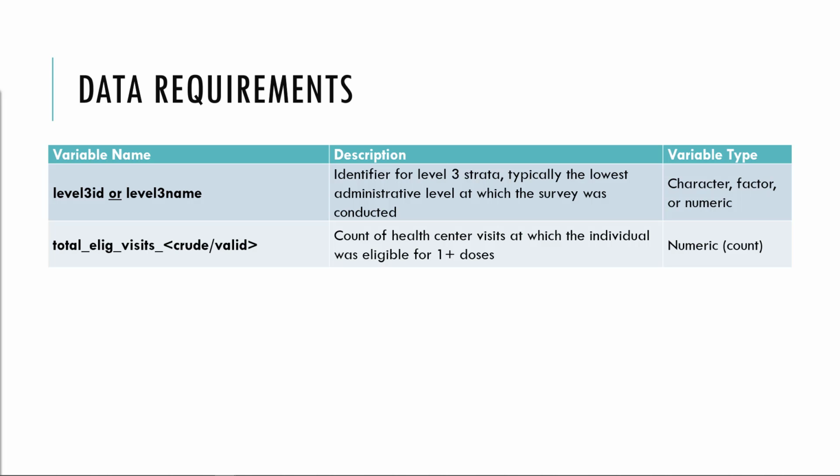So for instance, if a child is eligible to receive a vaccine once they turn 6 weeks old, but the child receives that dose when they're only 4 weeks old, how is that early vaccination handled? Crude calculations say that early doses count. Once a child receives a vaccine, even if the timing isn't quite right, we still count that vaccination as received. Valid calculations, on the other hand, don't count early doses.